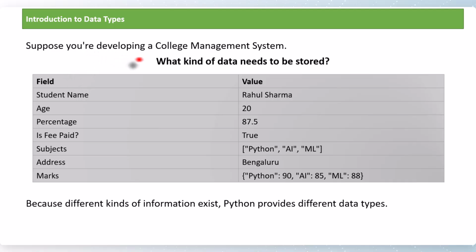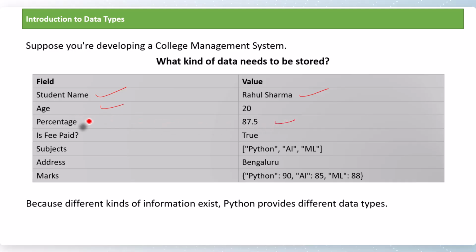Suppose you are developing a college management application. What kind of data needs to be stored in the database? For example, I want to store the student name. Okay, the name is Rahul Sharma. I want to store the age. Age is 20.